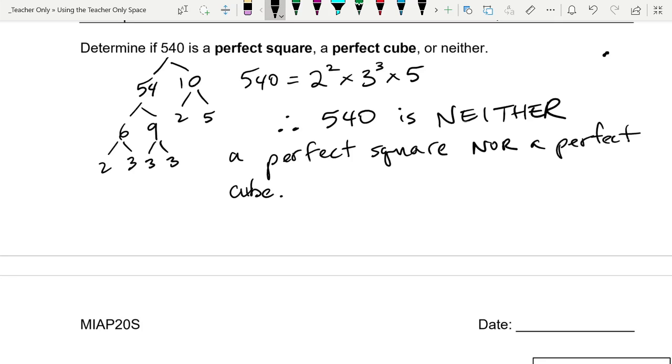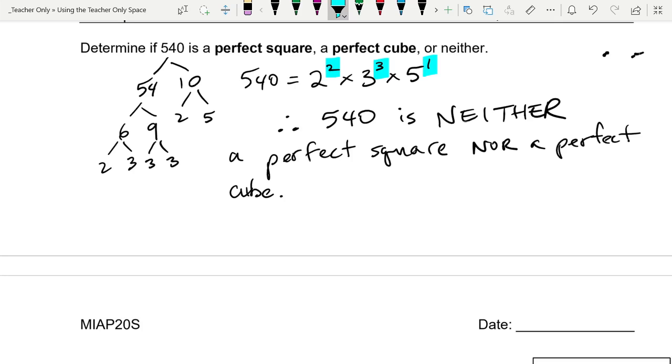How come? Well, if it was a perfect square, all of these exponents, and why don't I actually write the invisible one here. There. If it was a perfect square, all of these exponents would be even.